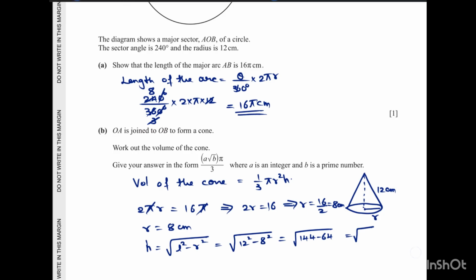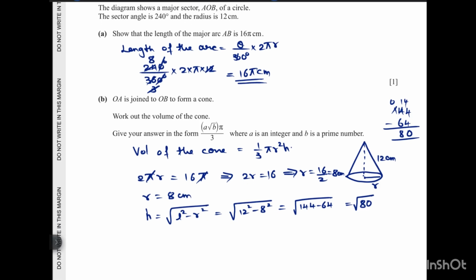Find out. 144, 64, 4 minus 4 is 0, 14 minus 6 is 8. So 80. Then we'll find out the volume now. So V is equal to 1 by 3 into pi into r square is 8 square into height is root 80.